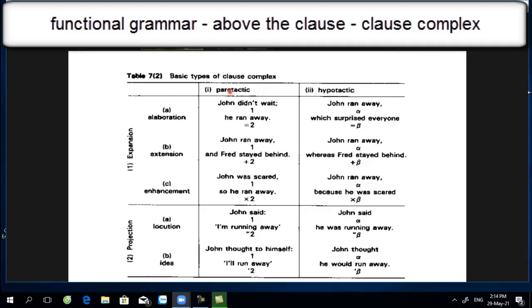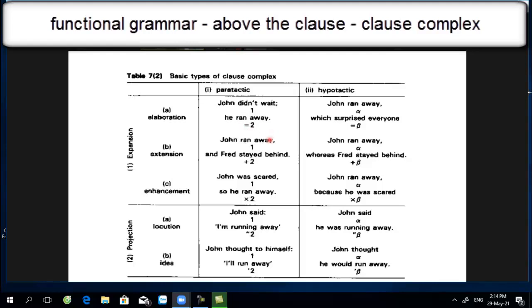For the first one, elaboration, you see, John didn't wait and he ran away. For paratactic, we use the numbers 1 and 2, right? Elaboration means you explain something, right? You restate, specify, comment, or exemplify. So for this one we use 1, and for elaboration we have the equal mark like this, 1 and 2.